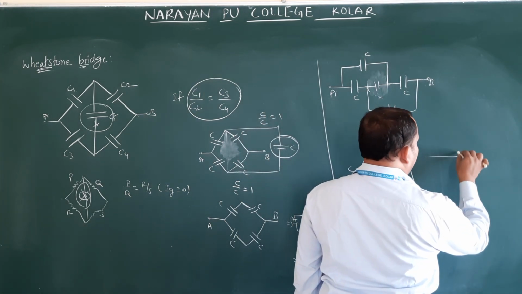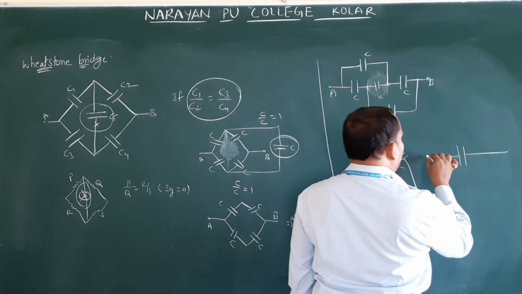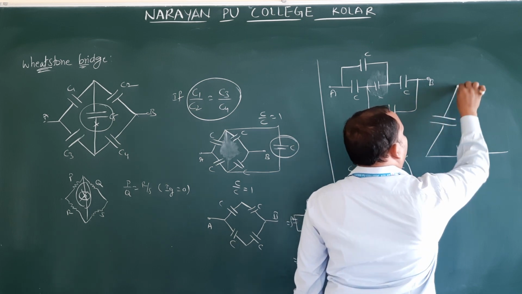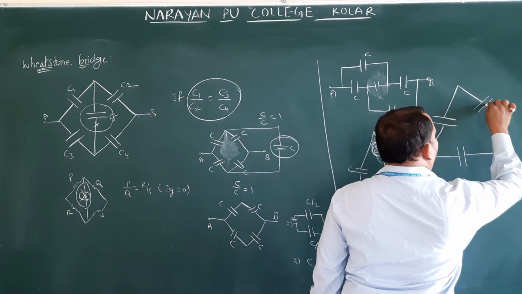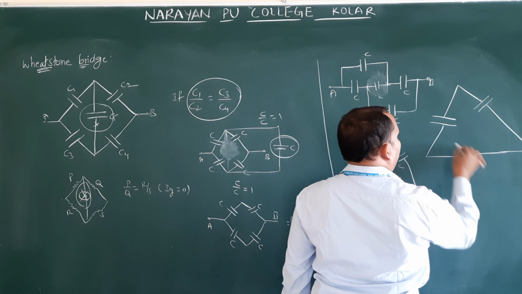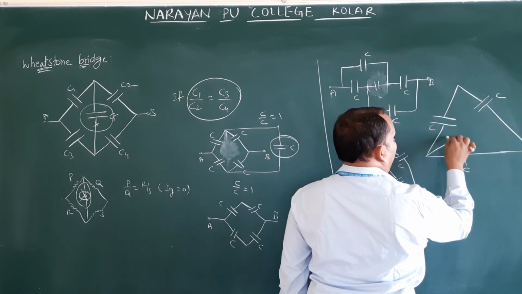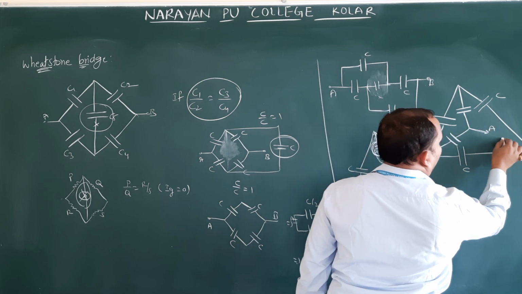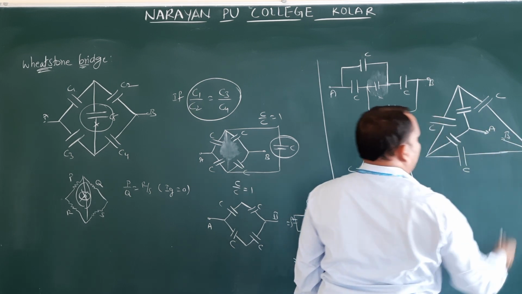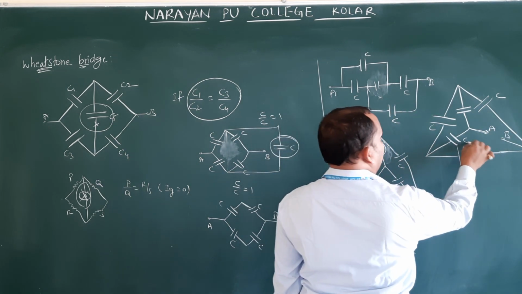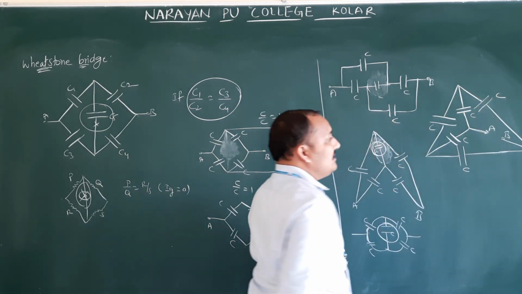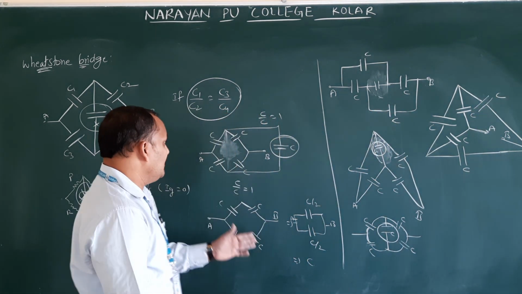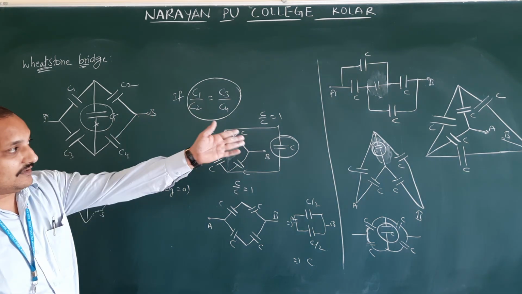This one we are going to draw like a triangle shape. So this is also a Wheatstone bridge. But which is going to be removed in this? This one only, the triangular one.